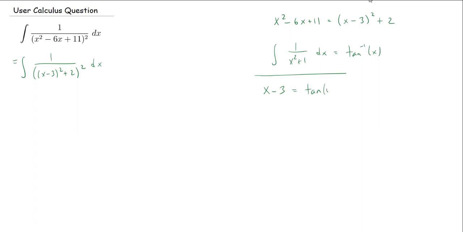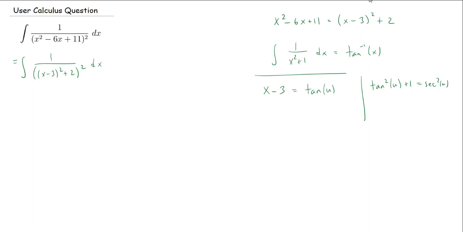I'd like to do it exactly like this, only if I do that, then when I square everything, I'm going to get tangent squared plus 2. And once again, in the back of my mind, I know that tangent squared plus 1 is equal to secant squared. So this is a plus 2.